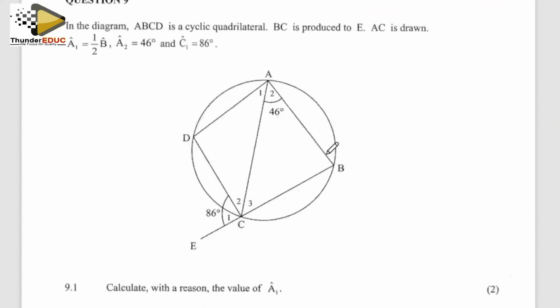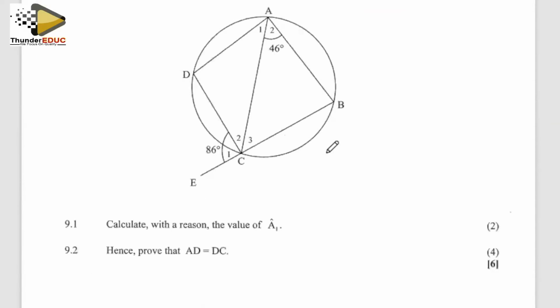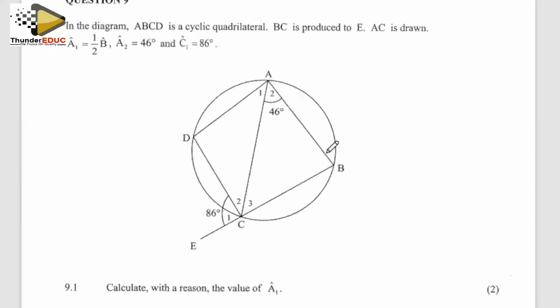All right, question number 9. In the diagram, ABCD is a cyclic quad, beautiful. BC is produced to E, AC is drawn, A1 is half of B, A2 is 46, and C1 is 86. 9.1, can we give reasons and find the value of A1?